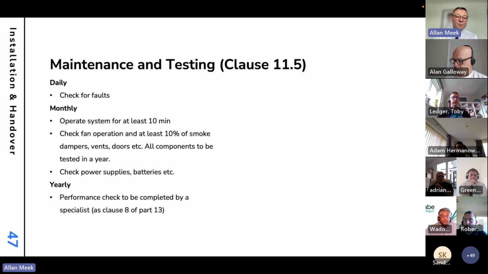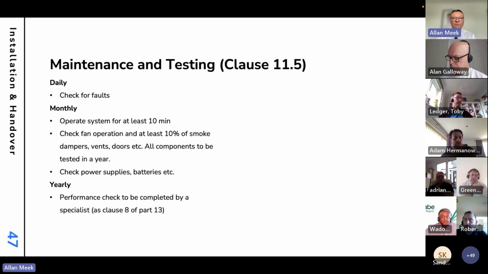And then once the system's been finally installed, again, the standard recommends a test regime. So it suggests that daily we should be checking for faults and also checking that any faults noted the previous day have been rectified. Monthly, it recommends that the system's operated for at least 10 minutes, checking the fan operation and at least 10% of the components.